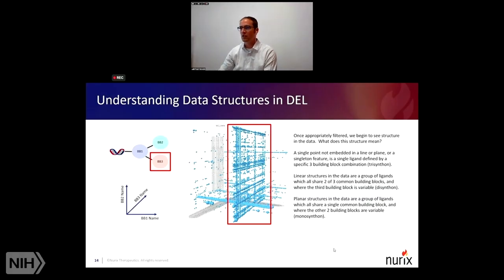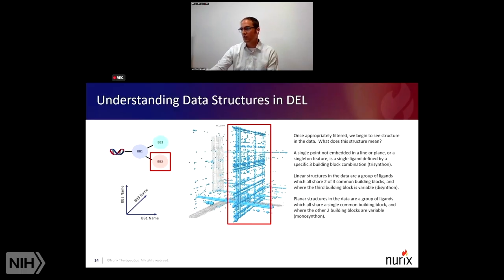In our house, we would prefer to follow up on a line feature or a plane feature, because we believe that gives us a sense of there is room to optimize these ligands as opposed to a singleton feature. But we've certainly seen ligands confirmed coming from all these three different feature types.